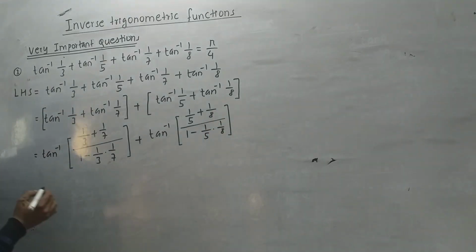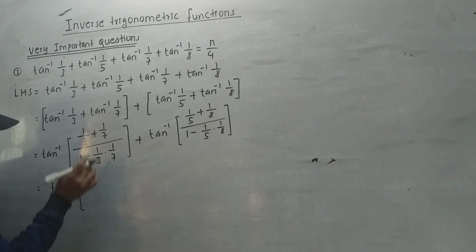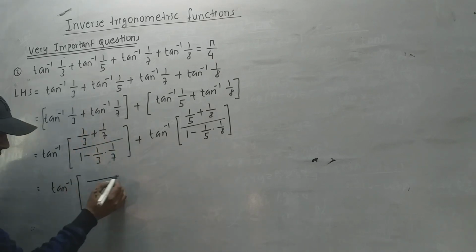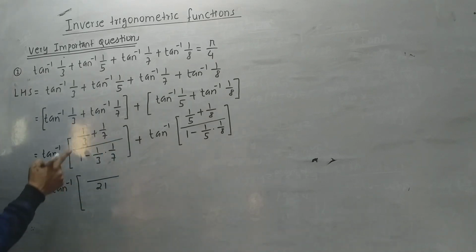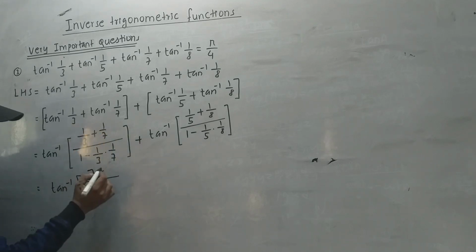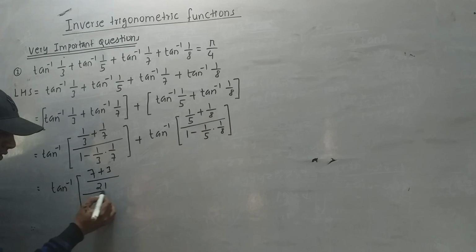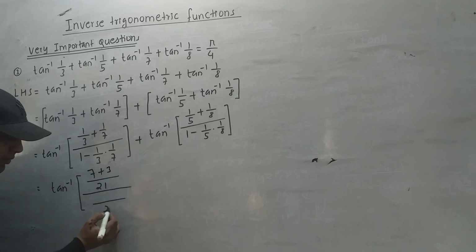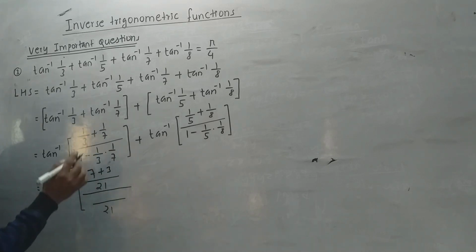So after that, in the numerator you can take the LCM, that is 21. 3 will divide this 21, you are getting 7, plus 7 will divide this 21, 3 will be left. In the denominator, the same LCM is 21, so 21 minus 1 is left here.